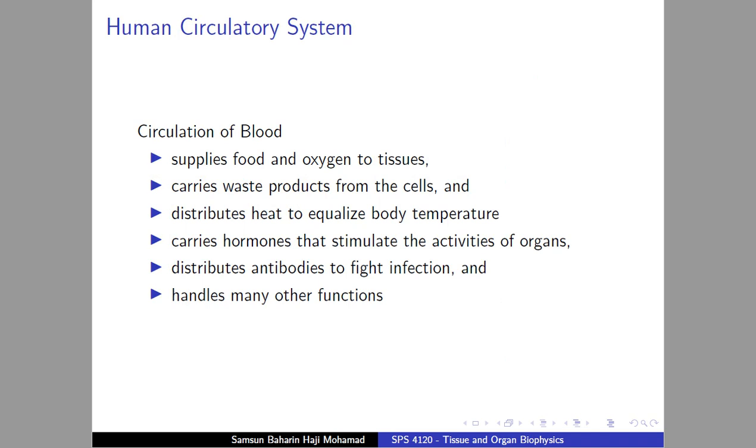The first one is the human circulatory system, like how we breathe, or the feeding system. Here we see the circulation of blood. The blood supplies food and oxygen to certain tissue, carries waste product from cells, and also distributes heat to equalize the body temperature. If one part of our body is high in temperature, we try to distribute it equally to all our body.